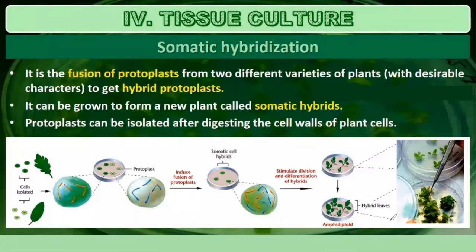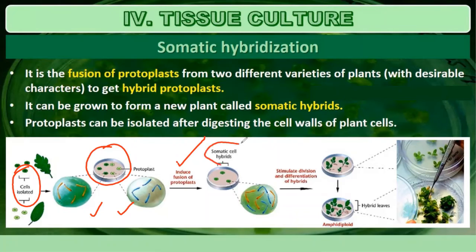Then comes somatic hybridization. The first one was meristem culture, and the second is somatic hybridization. It is a fusion of protoplasts. As you can see in the figure, cells are isolated. Then in a Petri plate, cells of two different varieties of plants are present. Then protoplasts are induced to fuse with each other.